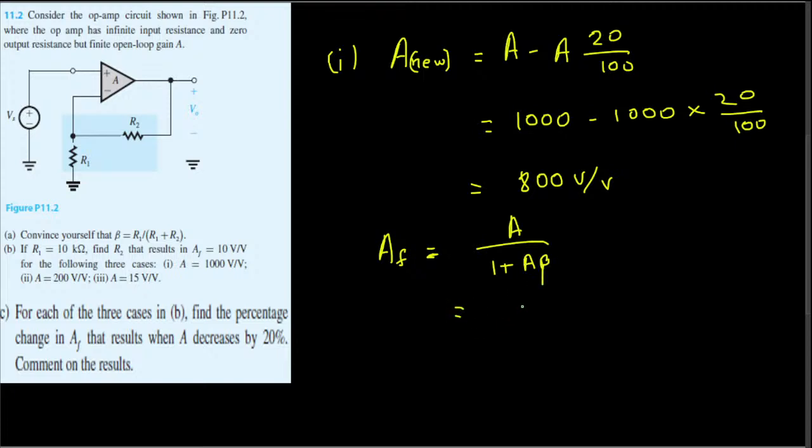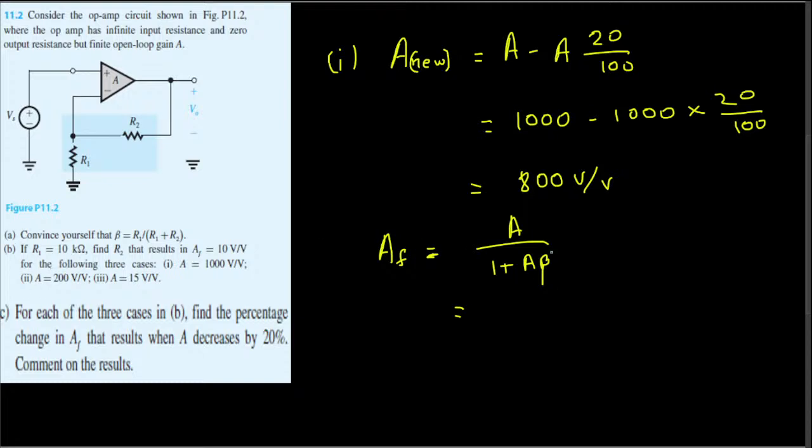Here the beta value is based on part B. If you look at my part B video, I calculated the beta for each situation, because in order to find out the R2, we have to calculate the beta first, because beta is R1 over R1 plus R2. We did this in the part B, but here we need that beta value. So I'm going to bring that one here, and if you want to know how I derived it, you can watch my previous video where I did the part B.